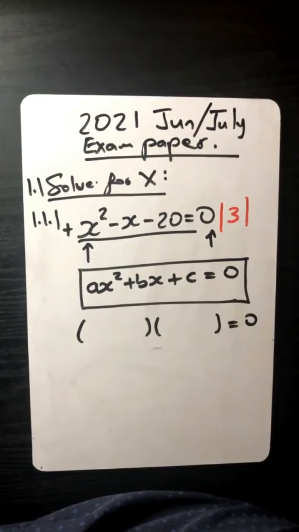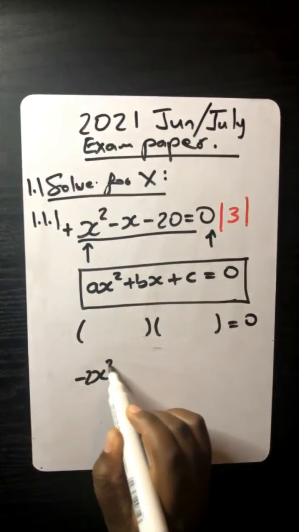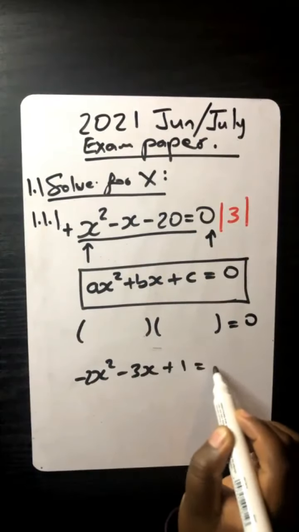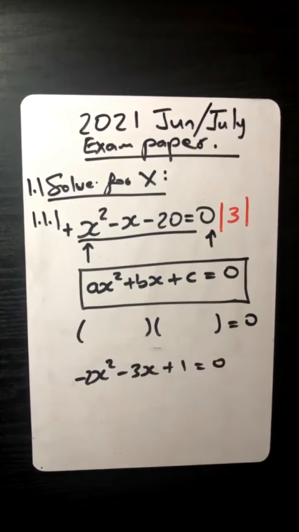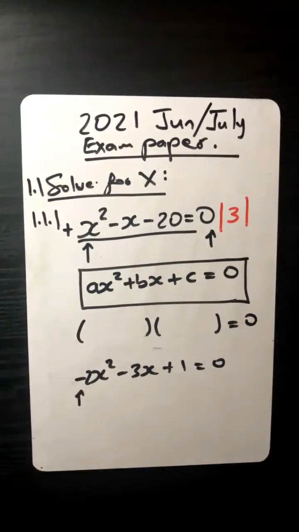If you are given, as an example, negative 2x squared minus 3x plus 1 equals 0, guys, this is not in the standard form. Why? Because we do not have positive a.